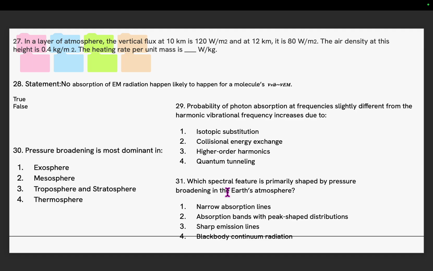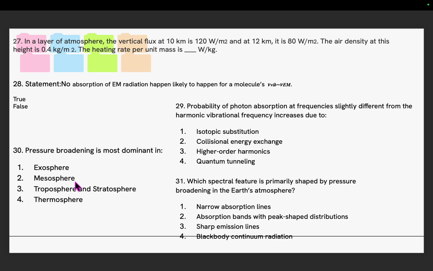Question 29, option 2 is correct. Collisional energy exchange is the main reason for the change in photon absorption frequency.